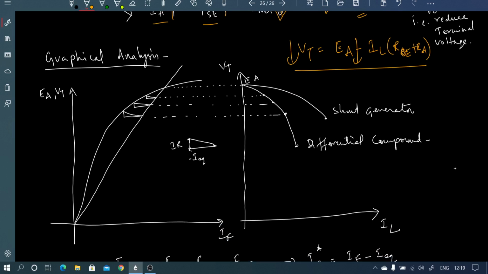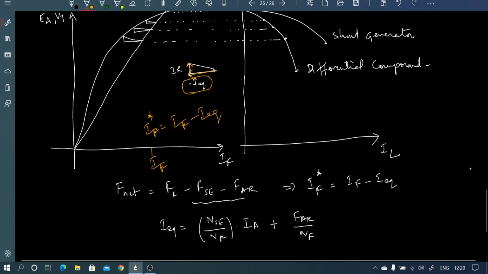Now graphical analysis. Here the equivalent current is always subtracted from the net field current. So IF star is equal to IF minus IEQ. Okay, I have shown it here.